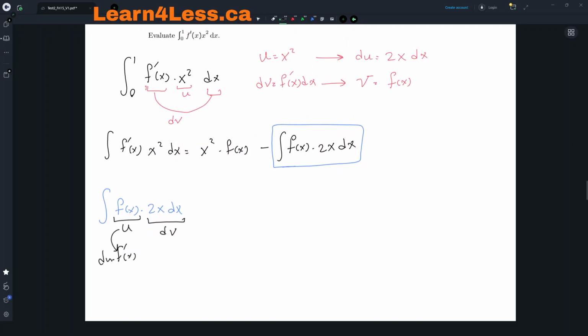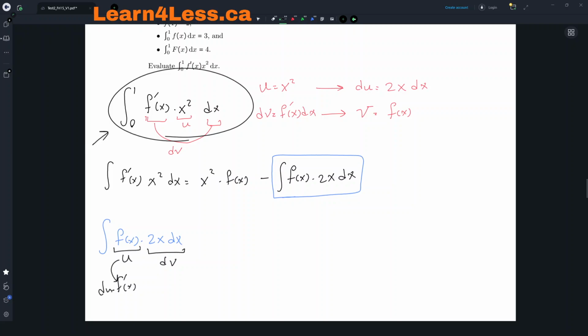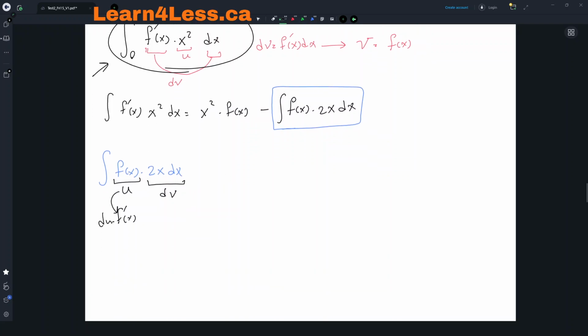And if I do that, I will go back to this stage again. I would get f prime, and v would be x squared. I would go back to the previous step. So usually, if you are supposed to do integration by parts multiple times, you don't switch u and dv.